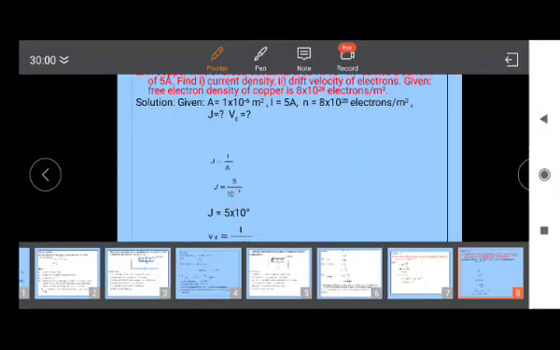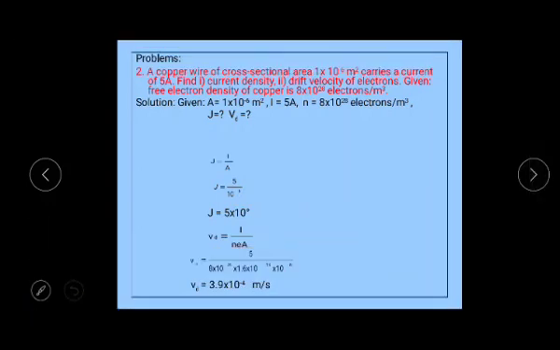So, 5 × 10^6. What is the unit of current density? Ampere per meter square. Write the unit here. Ampere per meter square.